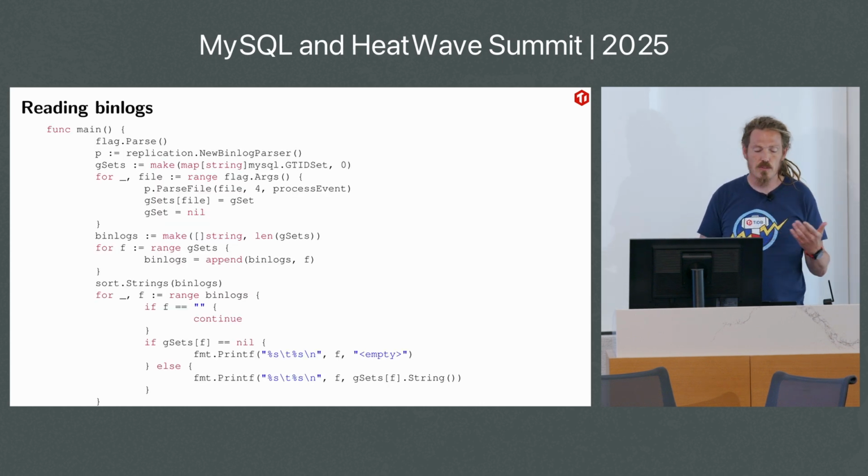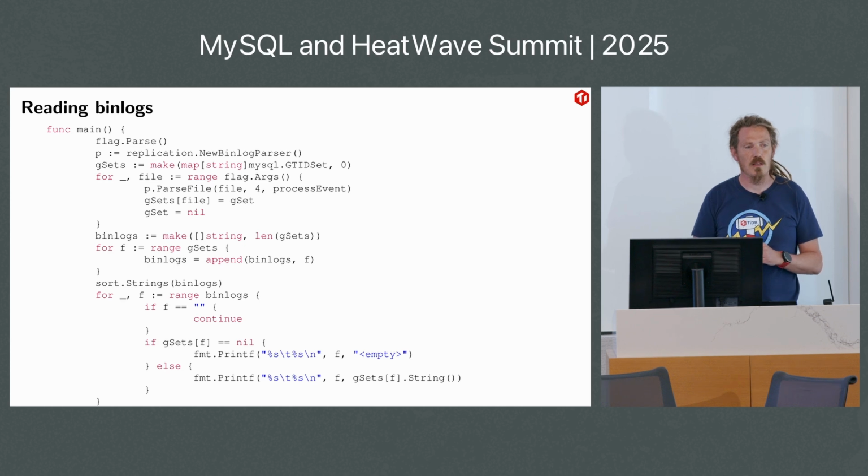So I just wrote some example code for this. Basically, this code is reading in a set of binlog files. Then for every binlog file, it loops through all the events, recording the GTID, and then storing the GTIDs together to not just get a whole list of the GTIDs, but get a summary range for every GTID in that file.